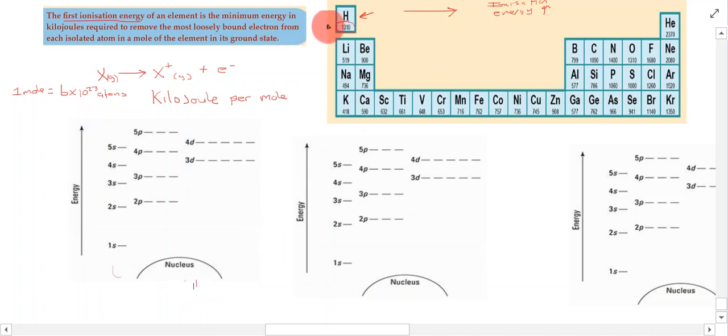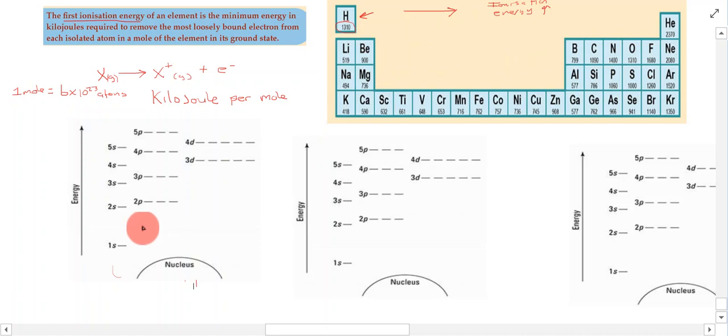So the way to think about it is, as you move from left to right, the positive charge in the nucleus increases. Also, if you stay on the same period and move from left to right, the number of layers of electrons between the nucleus and the outermost electron stays the same, but the positive charge in the nucleus increases.